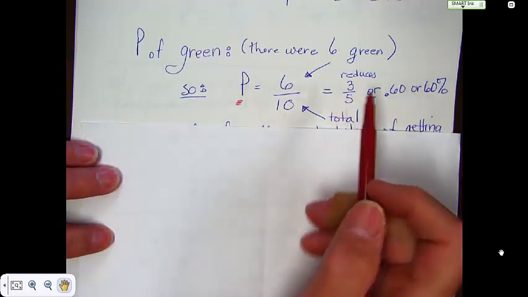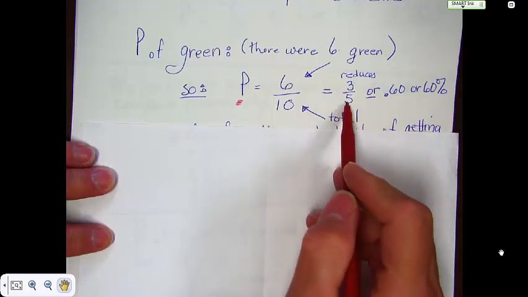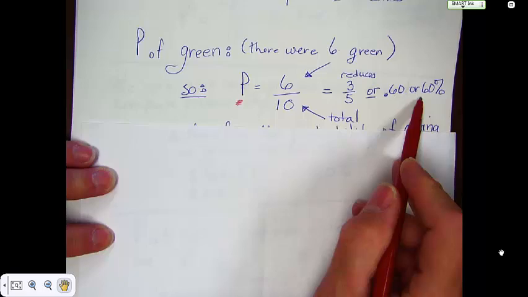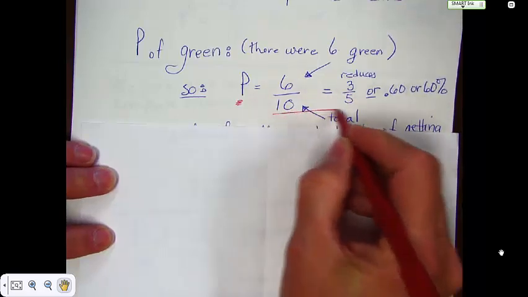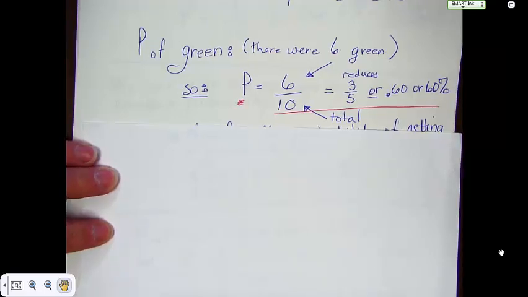Now you can reduce it, and then it's 3 over 5, or it's 0.60, or it's 60%. All of these say the same thing: 6 over 10, 3 over 5, 0.60, and 60%.